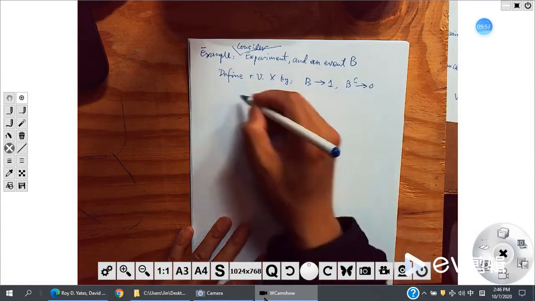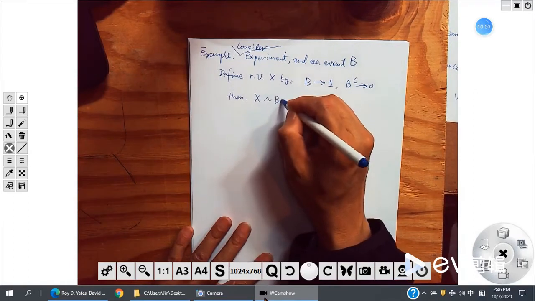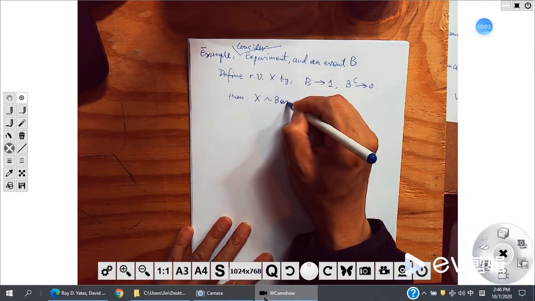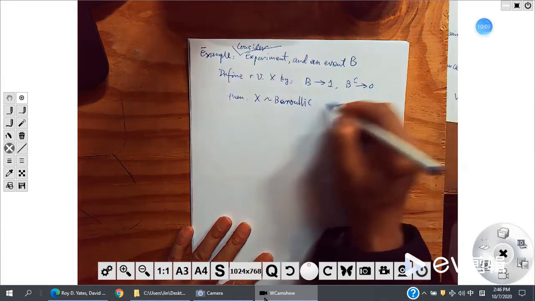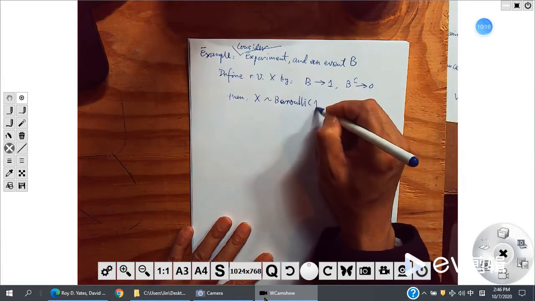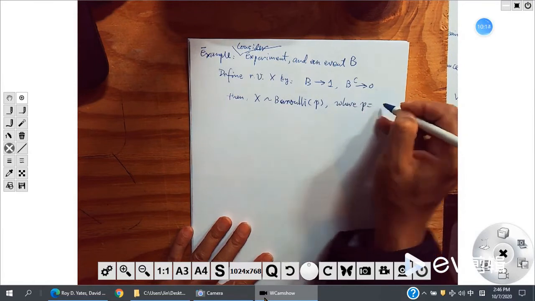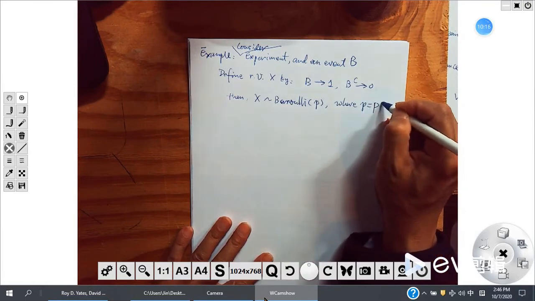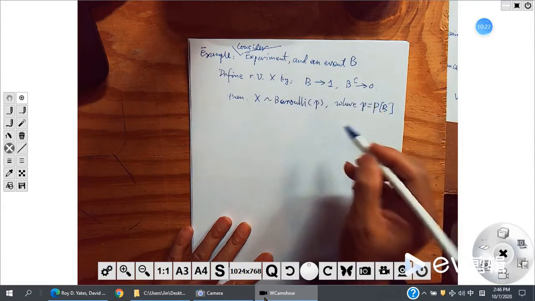Okay, then X obeys Bernoulli(P), where P is the probability of B happening.